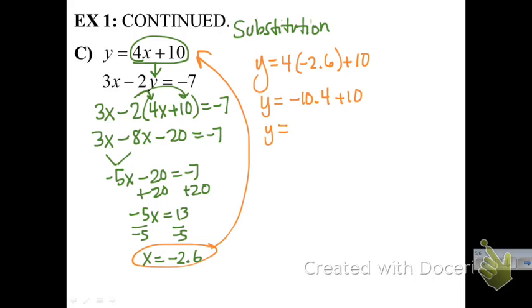Those add to give you -0.4. And this tells us we have one solution located at -2.6 and -0.4.